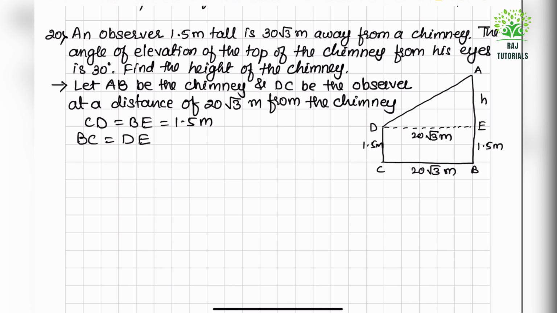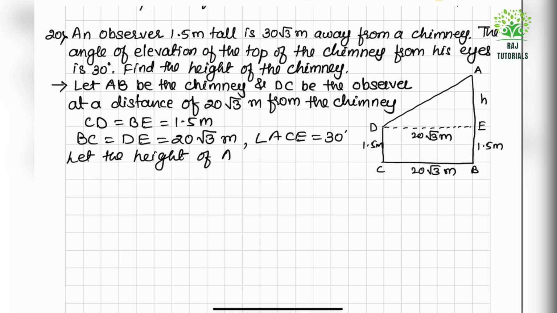CD equal to BE equal to 1.5 meter. BC equal to DE equal to 20 root 3 meter. Angle ACE equal to 30 degree.